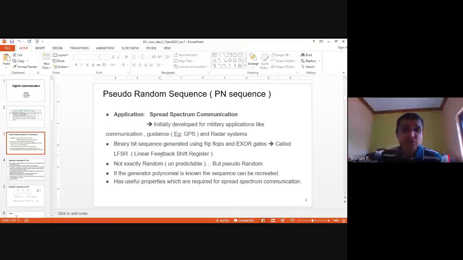But you need to see the circuit, or you need to see some polynomial equation that describes the circuit. So if a person knows, the output sequence is predictable, but otherwise it is not predictable. That's why it is called pseudo random sequence. And it has most of the useful properties which are required for spread spectrum communication, secure communication.